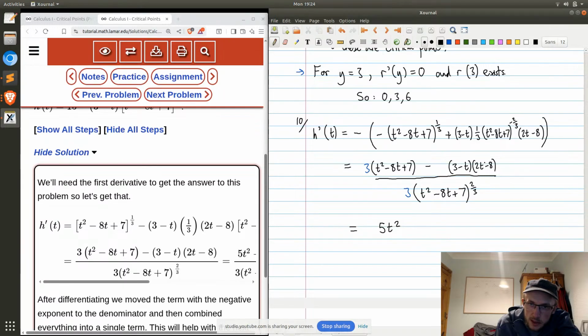So minus 14t. So minus 24 minus 14 is minus 38t. And then you have 21 and 24, which makes 45.